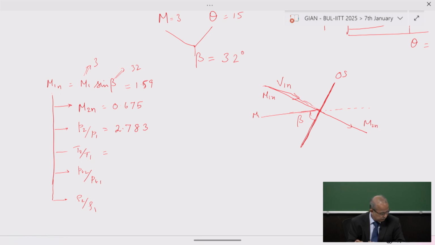And what is T2 by T1? 1.3381. What is PT2 by PT1? 0.8989. And rho 2 by rho 1? 2.015.